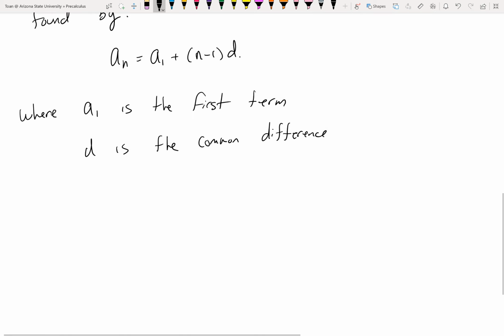Now it is the number that you're constantly adding, or if it happens to be negative, subtracting. It's the number that you're constantly adding as you progress through the sequence. So you have to go in one direction.